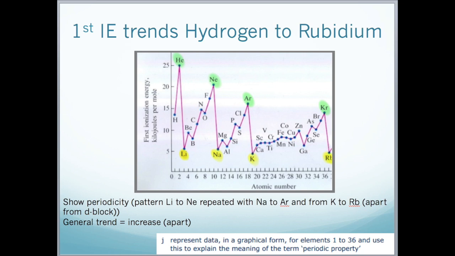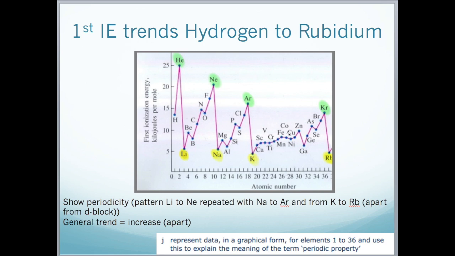So now that we've looked at the meaning of ionization energies, the syllabus also asks us to be familiar with the variation of the first ionization energies for the first 36 elements, so from hydrogen to krypton. The pattern from lithium, shown here in yellow, to neon is repeated exactly with the elements from sodium to argon.